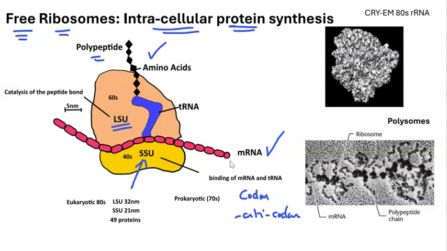So this is where we're actually seeing the genetic code being turned into the actual protein, which of course is a process called translation that we'll look at in more detail in other videos.